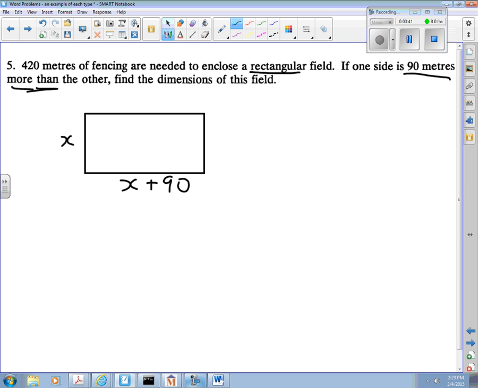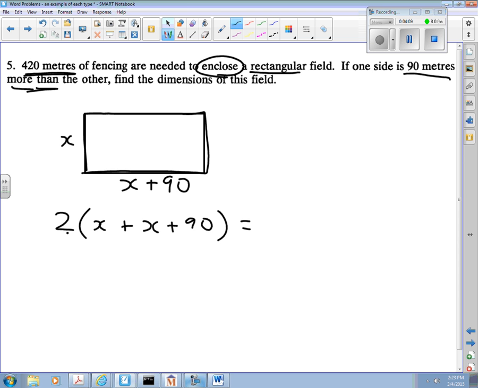Now, careful with this. How do I build an equation out of those two facts? Well, I know that I have to enclose the rectangle with 420 meters of fence. So all four of these sides have to add up to 420. I can do this in a number of ways. Maybe the easiest is to just add the two sides together and double the answer, because that would be all four sides.